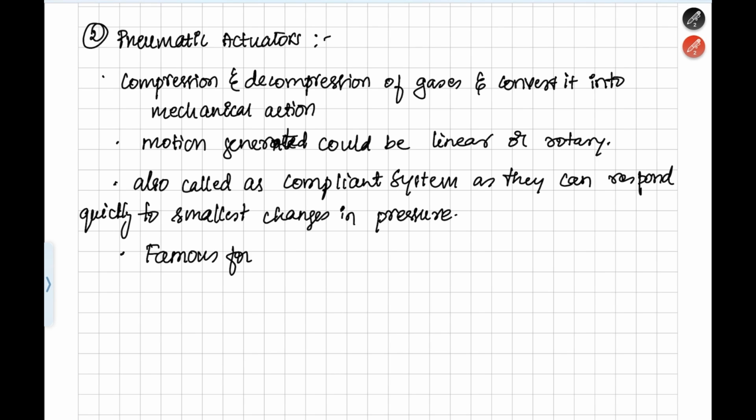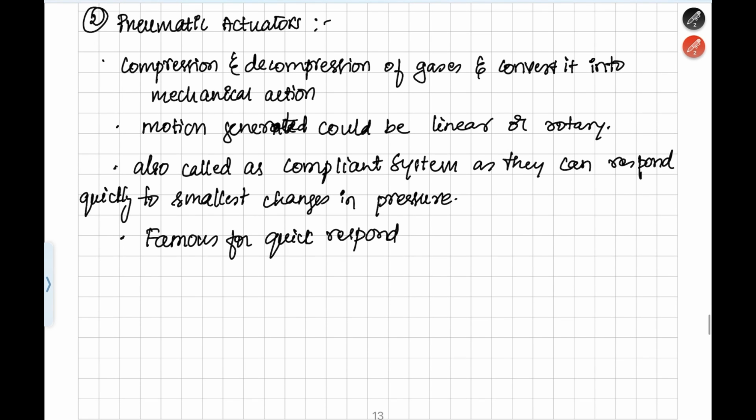They are also famous for quick response to start or stop commands. Small pressure changes can generate large forces.